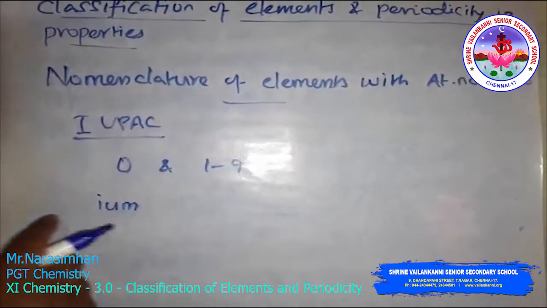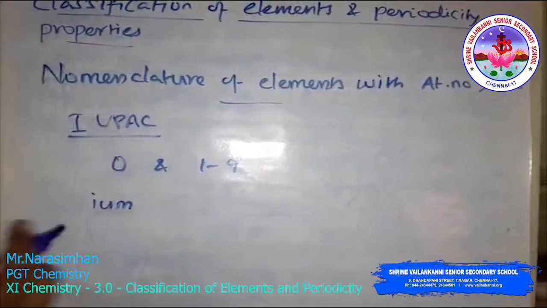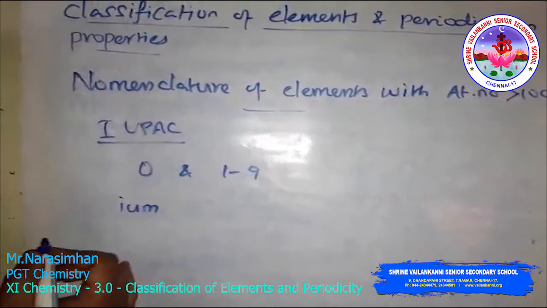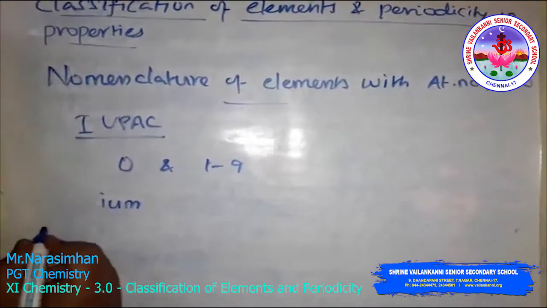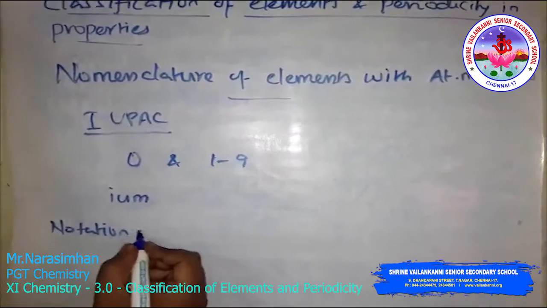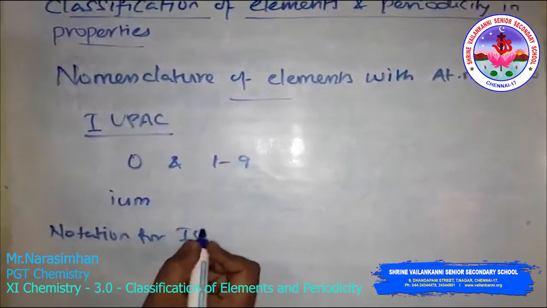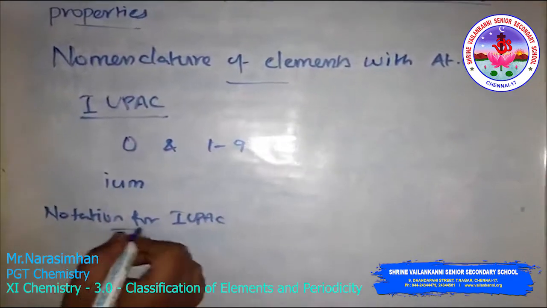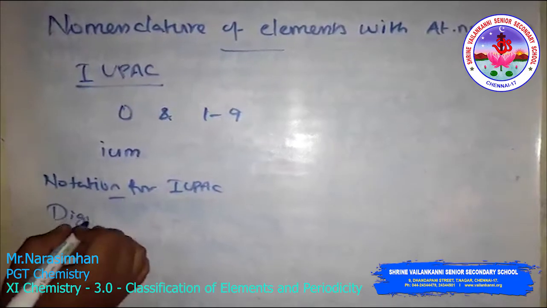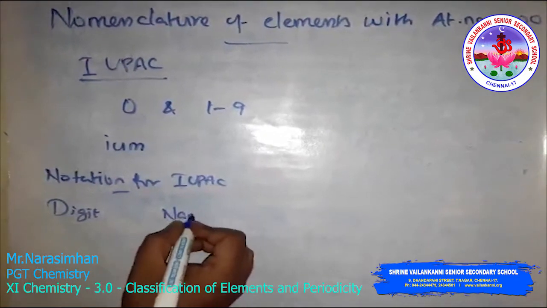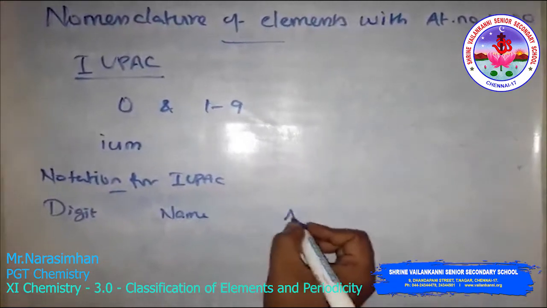I will give the digit notation of the IUPAC nomenclature of elements. First, the notation for IUPAC nomenclature of elements: digit 0, the name will be, with abbreviations.